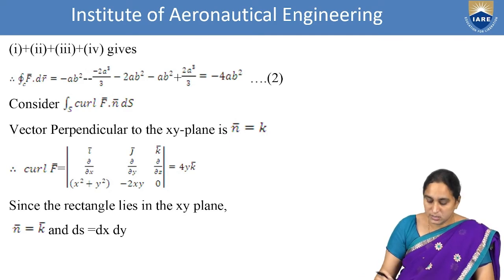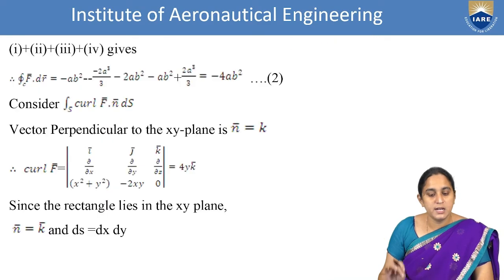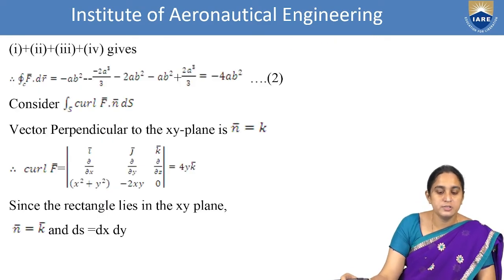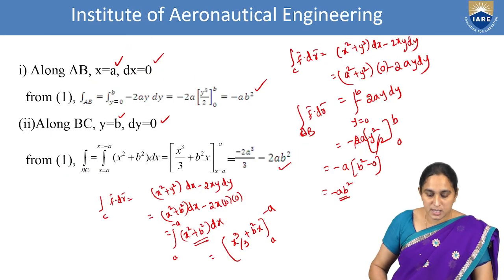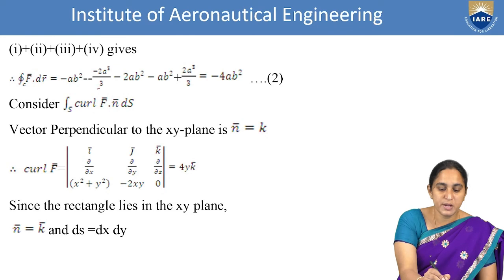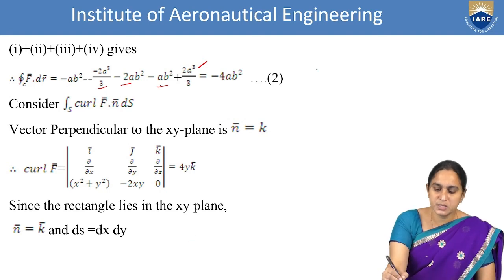What are the lines here? Along AB, BC, CD and DA. Add all the values. The first line is minus AB square, the next is minus 2a cube by 3 minus 2ab square, the third line has minus ab square, plus the fourth line has plus 2a cube by 3. Here, the 2a cube by 3 terms cancel.